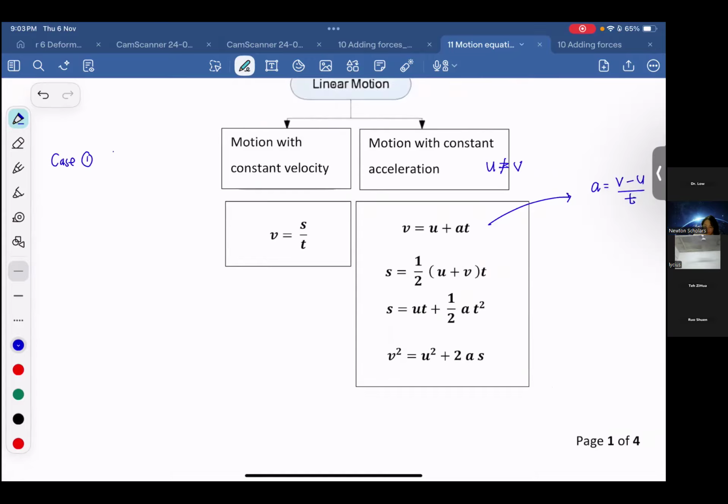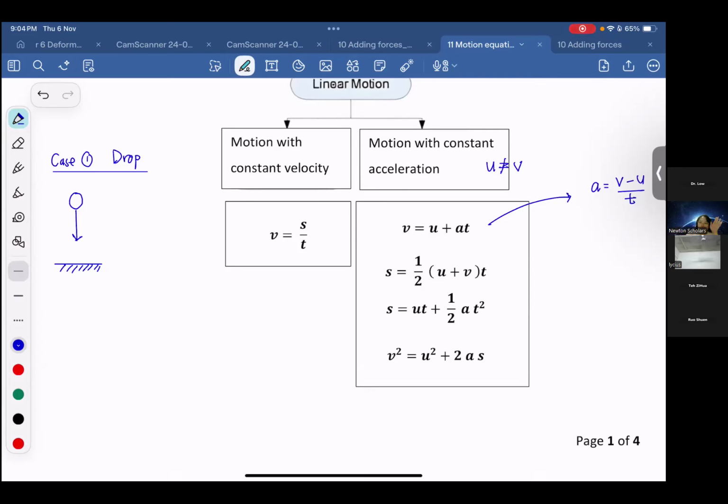Case 1. If the object is dropped. So you write down, if we drop something, first I hold something here, my ruler. I open my hand and I release.